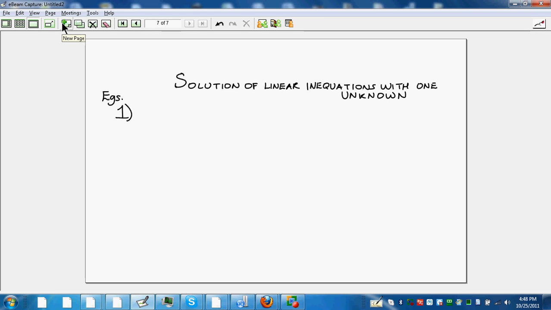So if we had these examples where we had to solve the following and show the solution set on a number line, right?